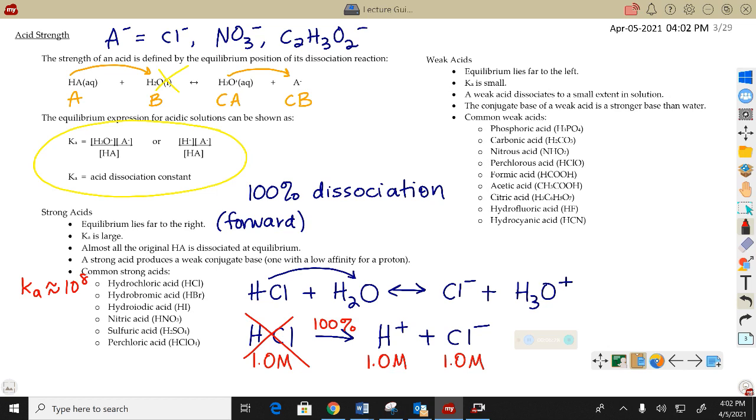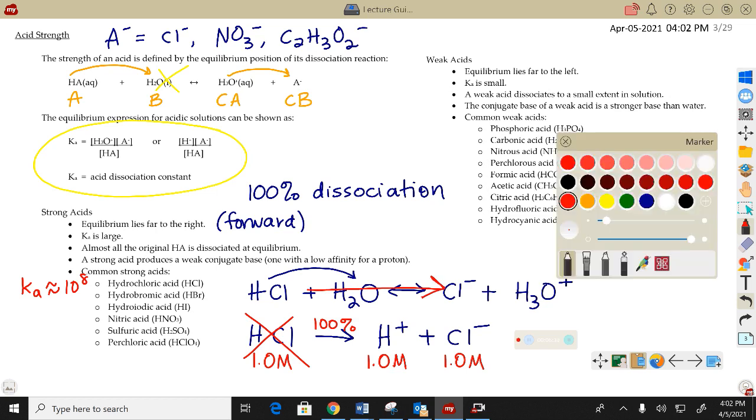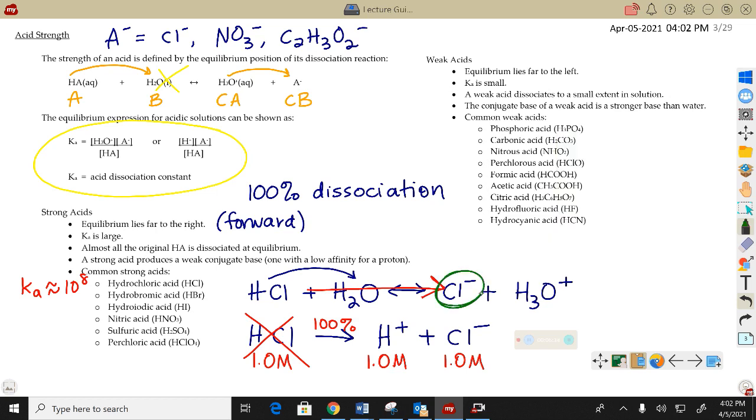Interesting. Now, if the equilibrium favors the forward, then the conjugate base, which is the chloride ion, is not a very good base, right? I mean, the job of a base is to pick up hydrogen. If chloride is going to act like a base, then it's supposed to take hydrogen away from the H3O plus and shift this thing in reverse.